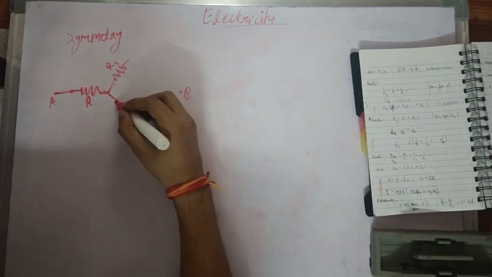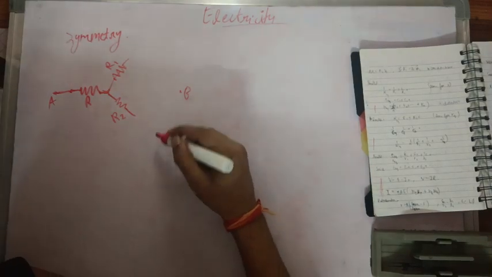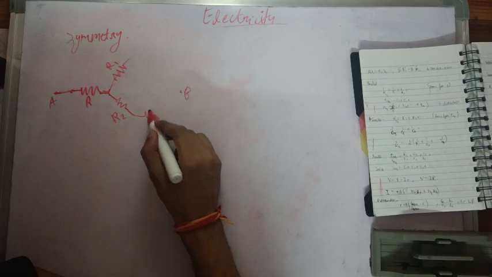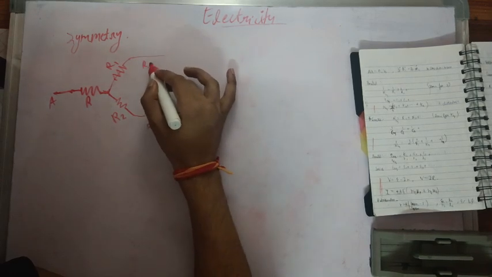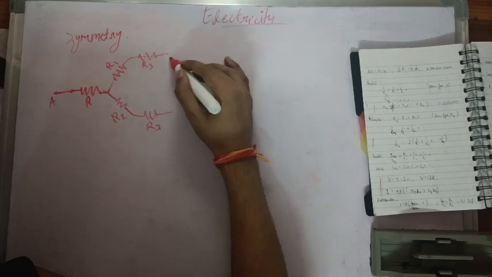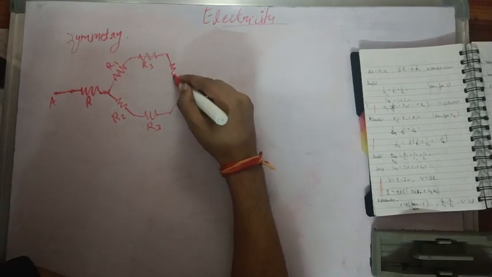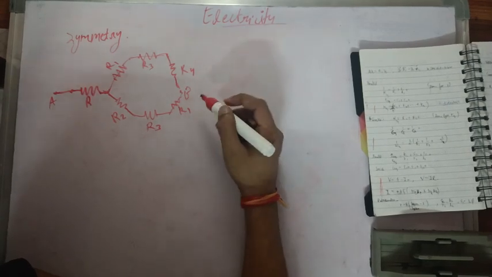There is another resistor, let's say R2, and this is R4, this is also R4.